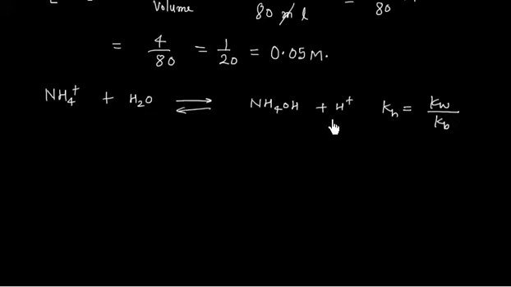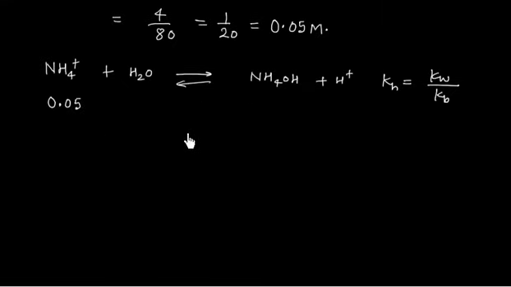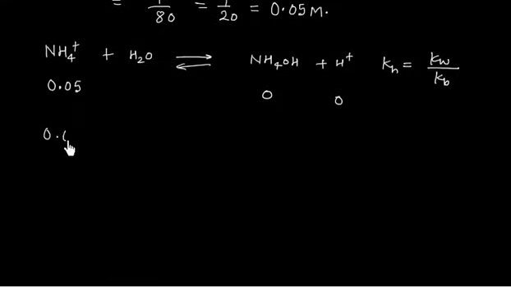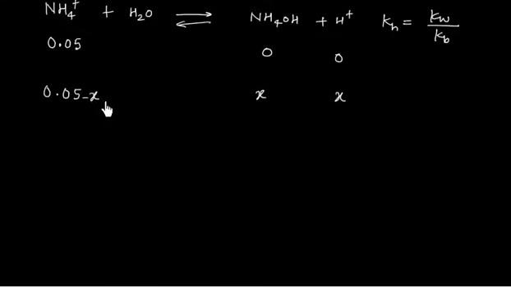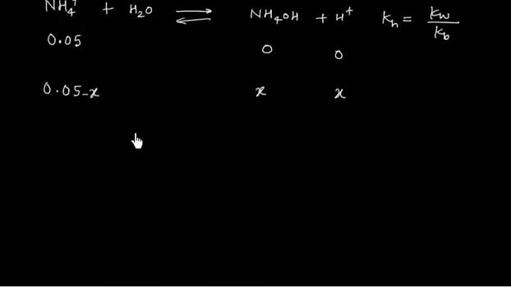So initially we have 0.05 M of NH4 plus at t equals 0, and at equilibrium we will have 0.05 minus X, and here we will have X mole of NH4OH and X mole of H plus. This is in terms of concentration, so we can write X square divided by 0.05 minus X, equals the hydrolysis constant, that is Kw by Kb.